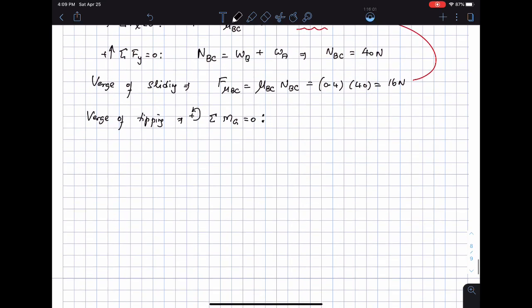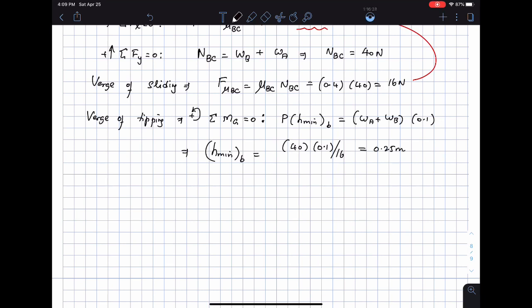So I can say the following: H minimum B times P is equal to WA plus WB times 0.1, or H minimum B is equal to 40 times 0.1 divided by 16, and this is approximately 0.25 meters.